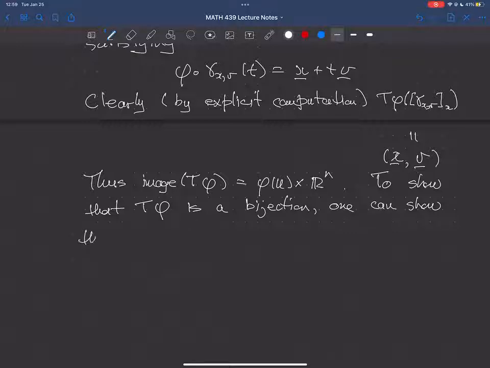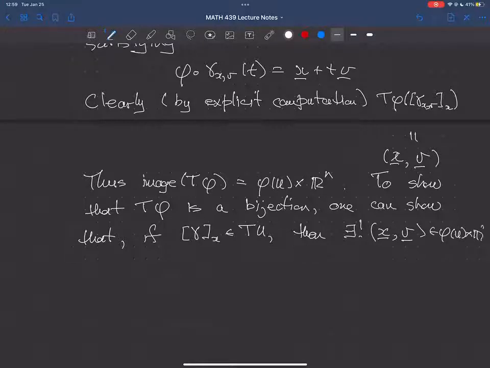One can show that if gamma_x is in TU, then there exists a unique (x bar, v bar) in phi of U cross R^n such that phi of x, d phi composed with gamma at 0, is equal to (x bar, v bar).